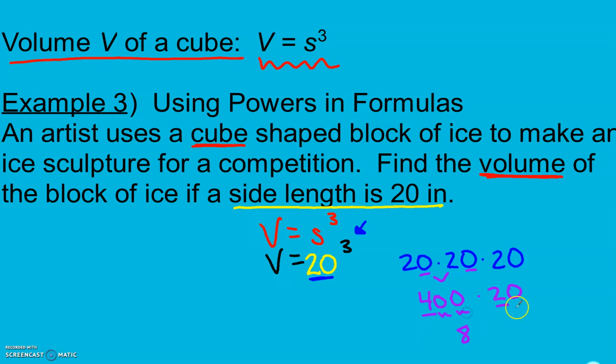We have 1, 2, 3 zeros. This is in inches. And since we took inches times inches times inches, labels work the same way. I can take my label, 1, 2, 3, cubed. So 8,000 cubic inches is my volume.